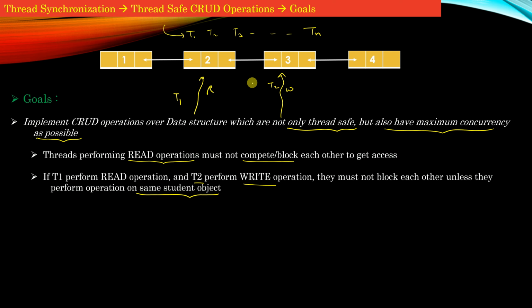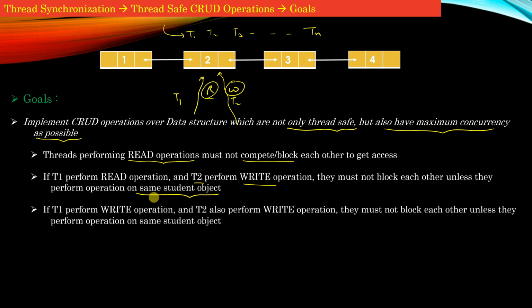But they must block each other if both attempt to perform an operation on the same node of the linked list, that is, on the student whose roll number is 2. Alright, because read and write are conflicting operations and only one must be allowed to execute on the same student object at any given point of time.